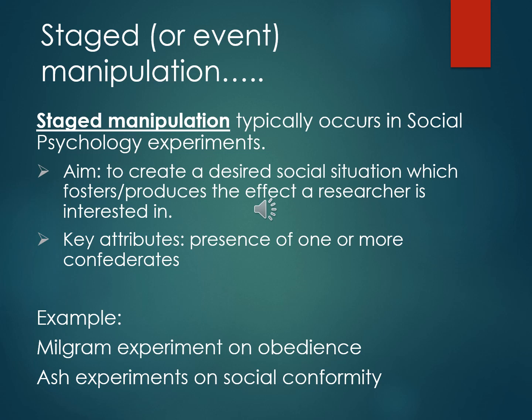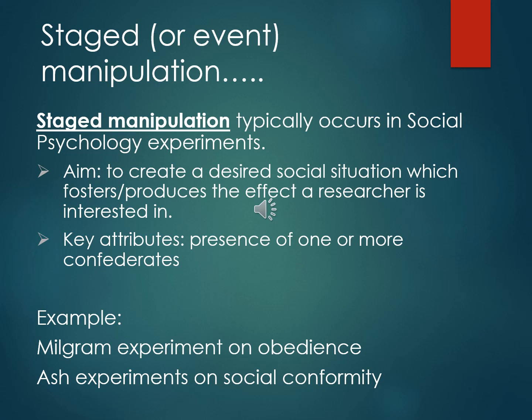The other interesting kind of manipulation is staged manipulation. Staged manipulation typically occurs in social psychology experiments. Its aim is to create a specific social situation which is the target of interest by the researcher. Typically in staged manipulation, the key attribute is the presence of one or more confederates or actors who are implanted in the experiment to create specific social situations.